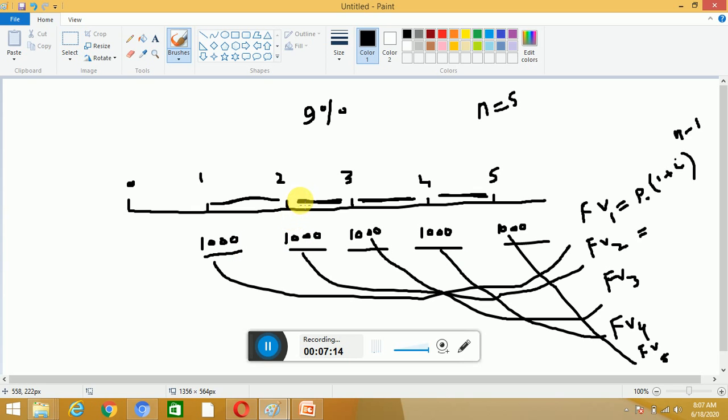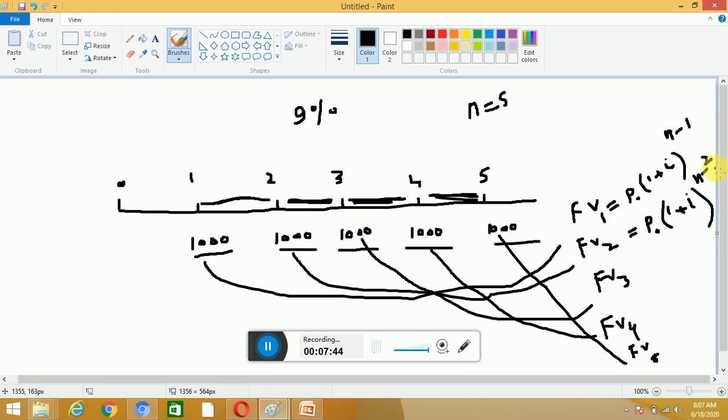On this 1000 we will receive interest 1, 2 and 3 times, so it will be P naught (1 plus I) raised to the power n minus 2. So n minus 2 means 5 minus 2, which is 3. So we will receive interest for 3 years.